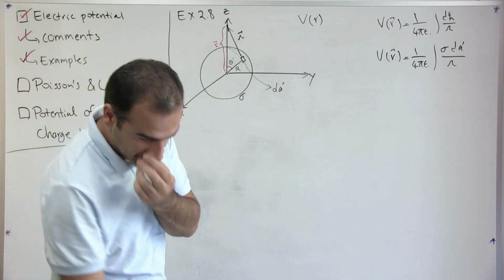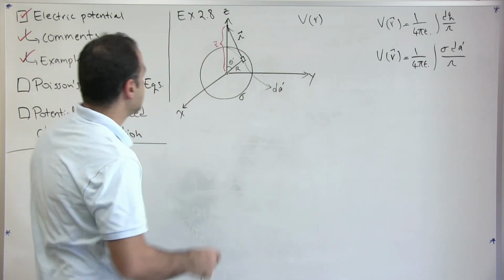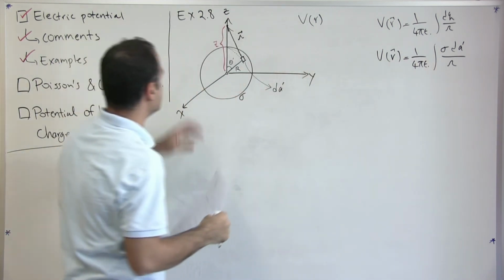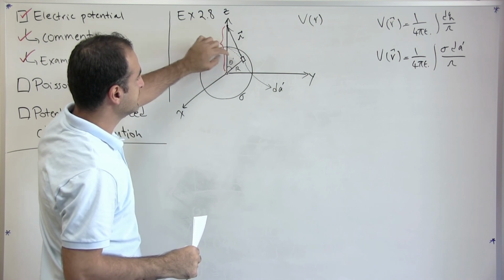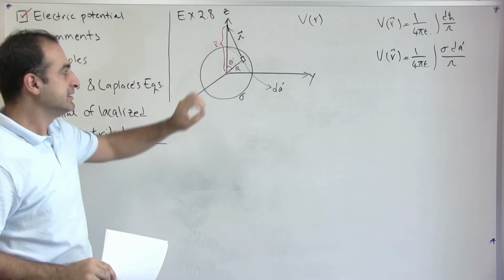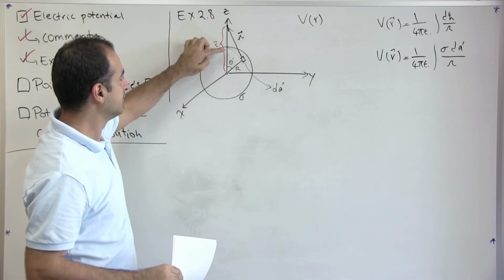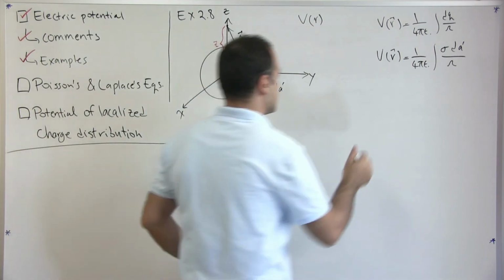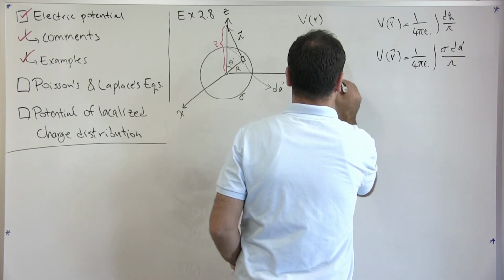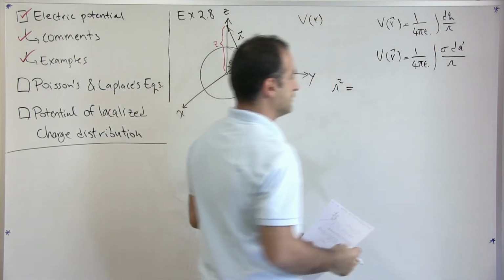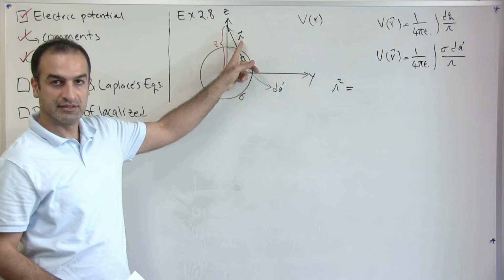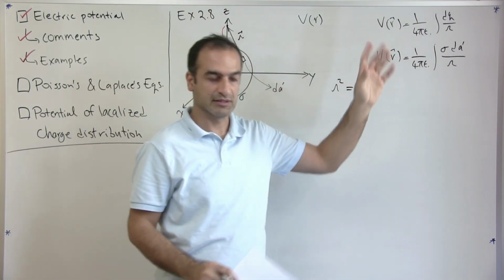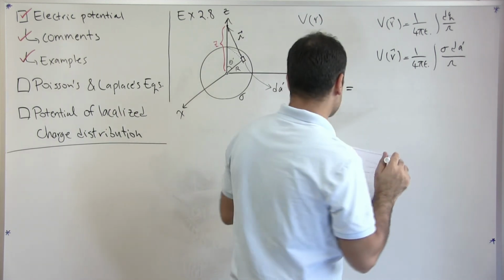To do that, we need to formulate this distance in terms of Z, in terms of the radius of the sphere, and in terms of theta. The distance is a function of theta, Z, and R. For that, we use a cosine rule. By the way, we only need the magnitude of this. The direction doesn't matter because for potential, we only need the magnitude. We add things algebraically.